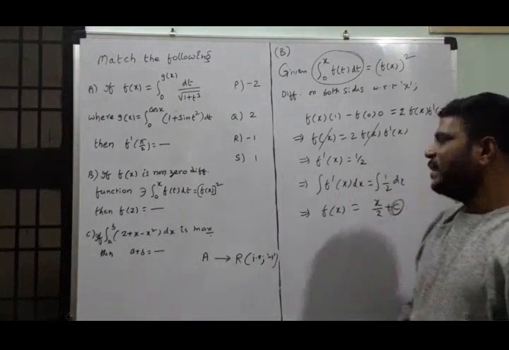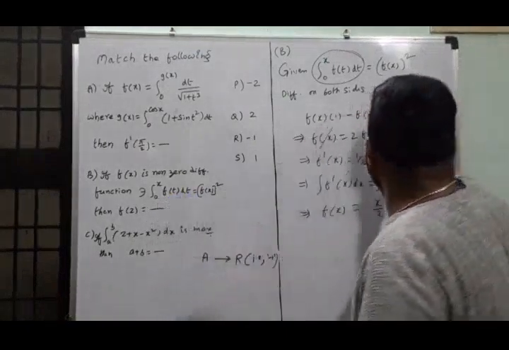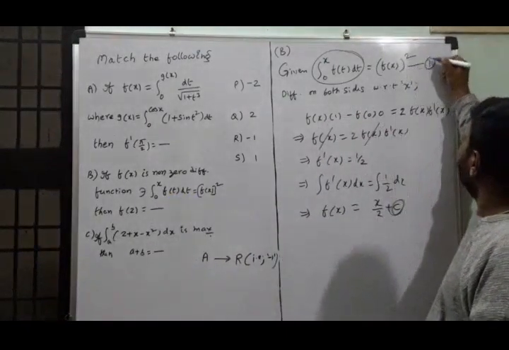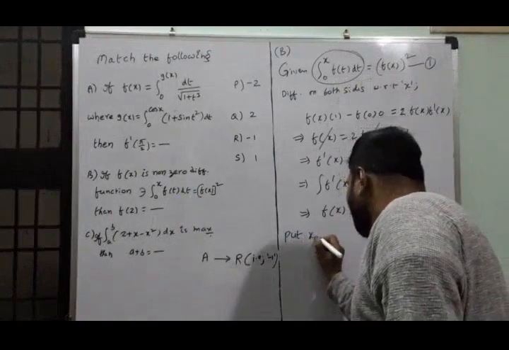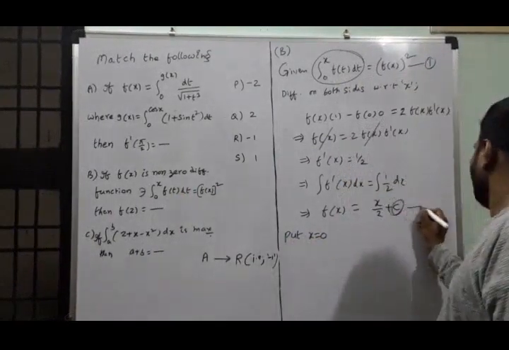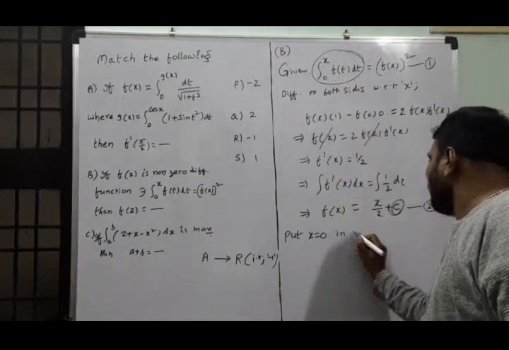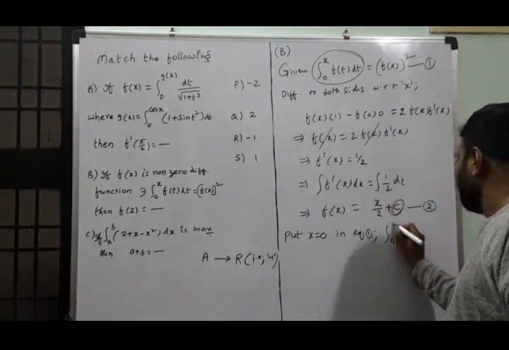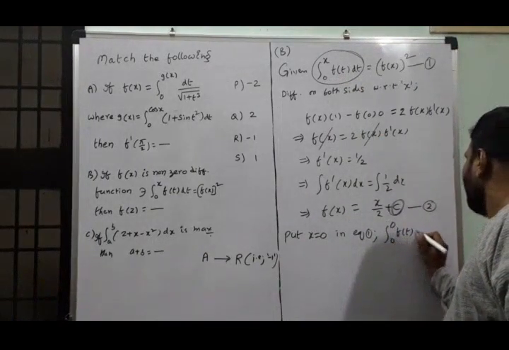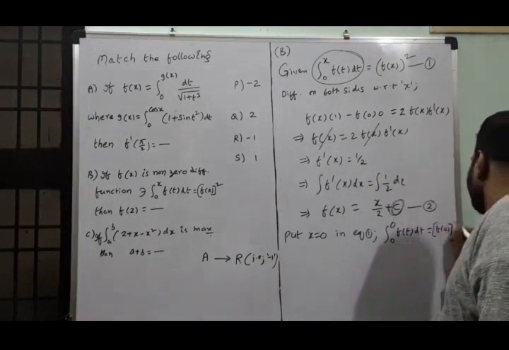How to find the value of c? Here in the given equation 1, put x is equal to 0. So integral 0 to 0 f(t) dt is equal to (f(0)) whole square.